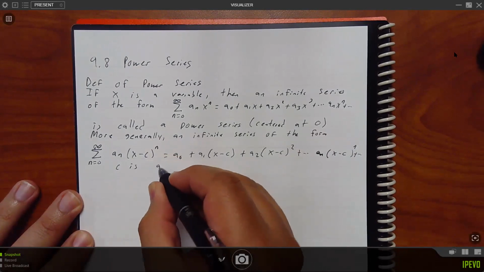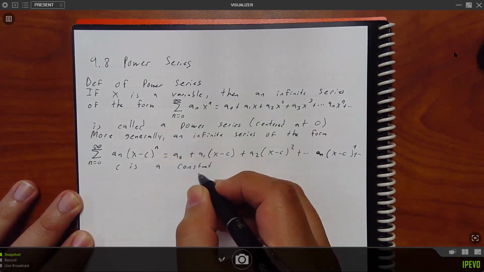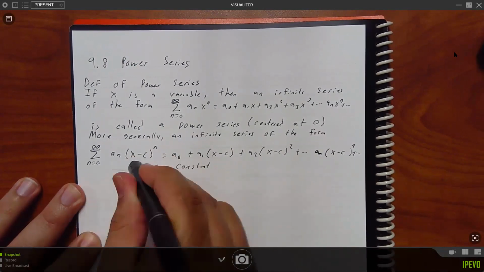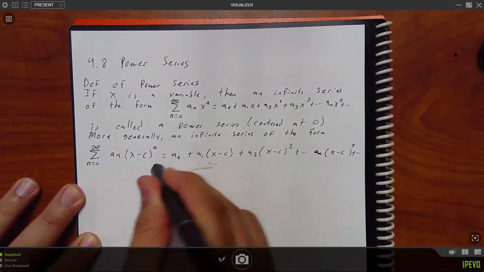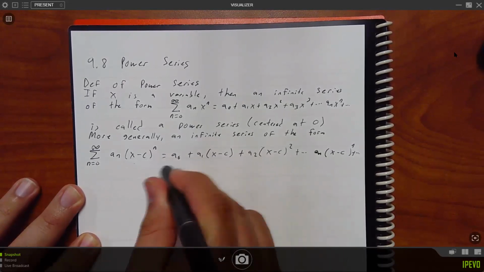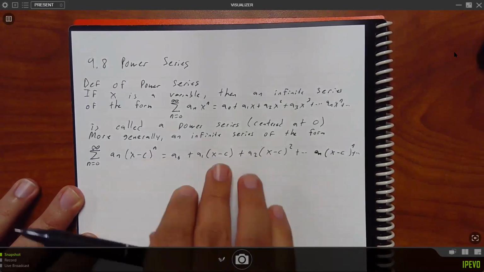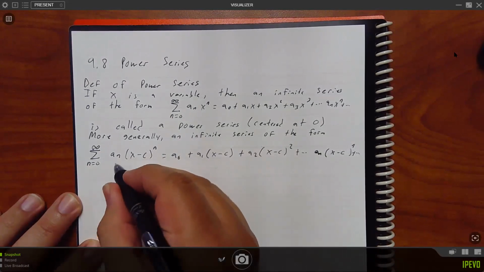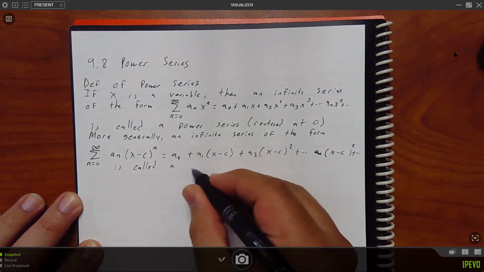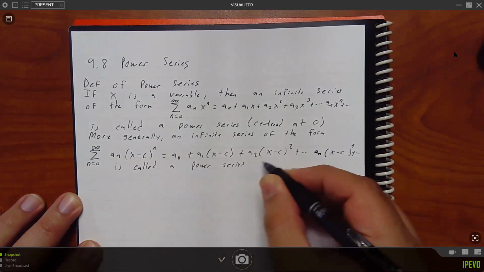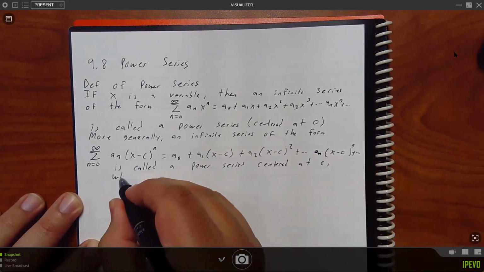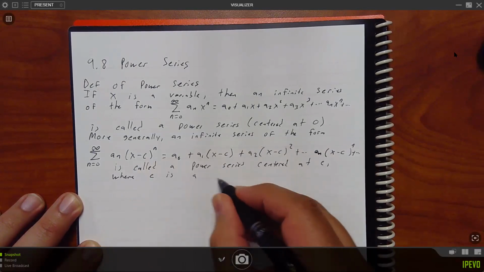C is a constant, by the way. So this is called a power series centered at c, where c is a constant.